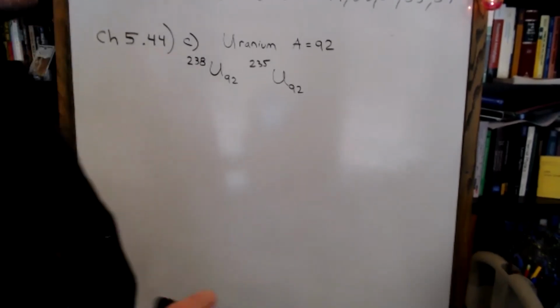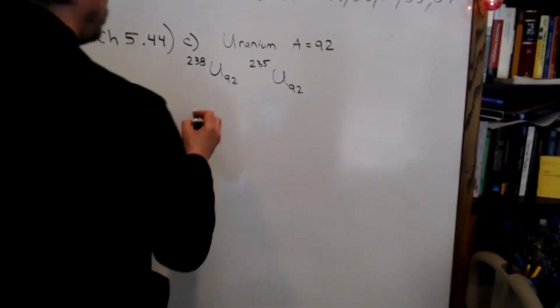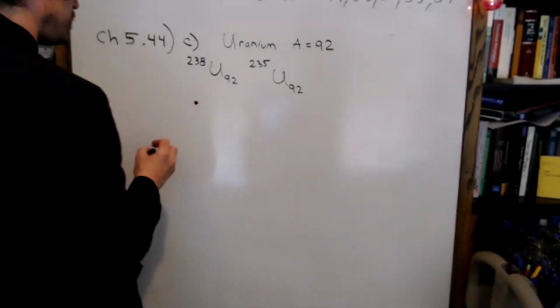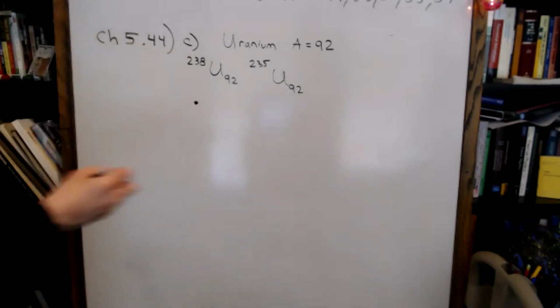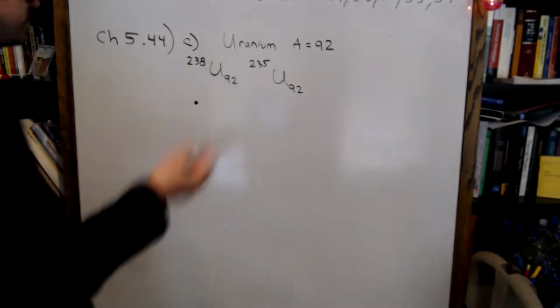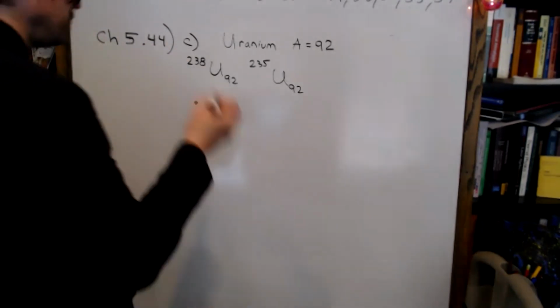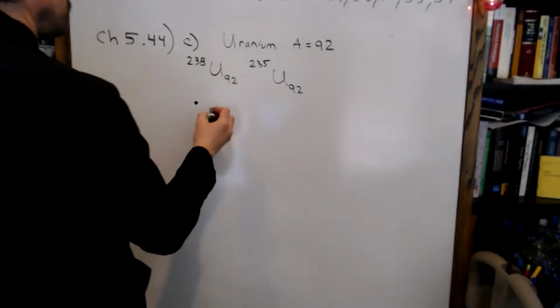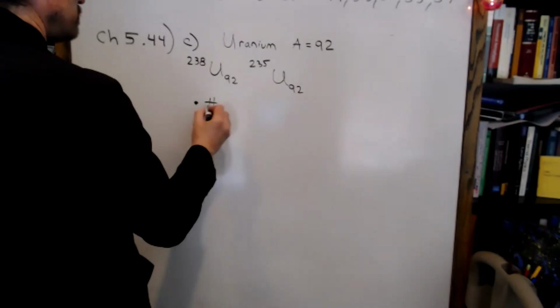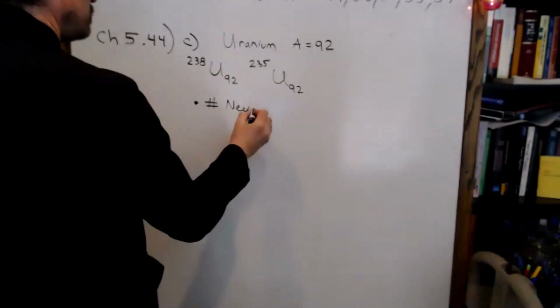Sorry, what did they ask again? So uranium has an atomic number of 92. Its most common isotope is 238U. The form used in nuclear bombs and nuclear power plants is 235U. How many neutrons are in each of these 2 isotopes of uranium?